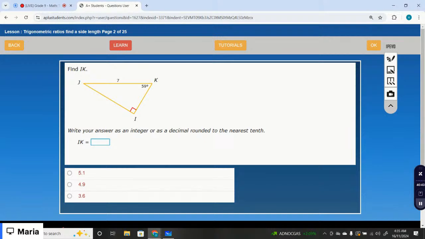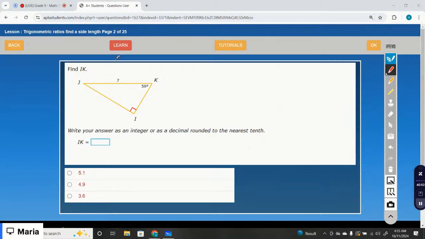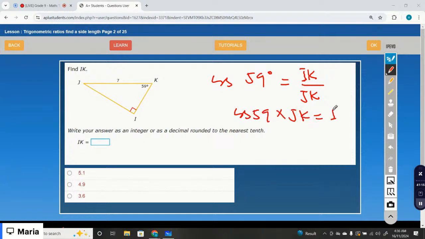Find IK. You have to find IK, right? You can evaluate cos 59, right? That is IK divided by JK, right? So cos 59 times JK equals IK.